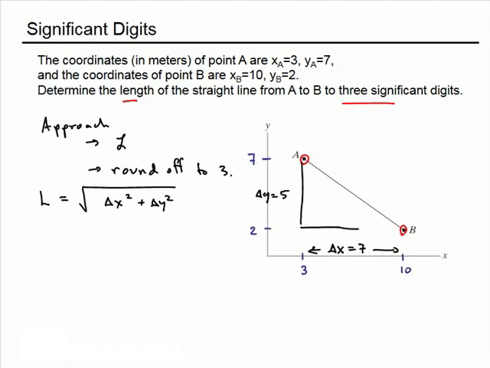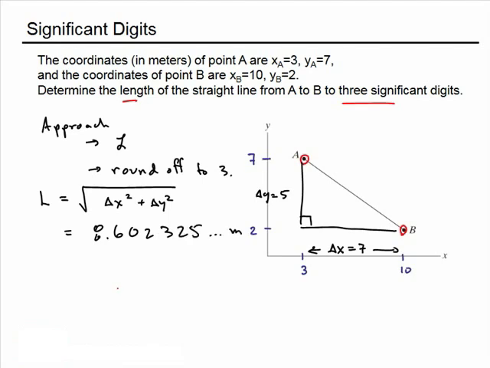So all you're doing is using Pythagorean's theorem to calculate the length of the hypotenuse, of the 90-degree angle right here. And we can substitute 5 squared, 7 squared, and we'll get that the answer is 8.602325 in units of meters.